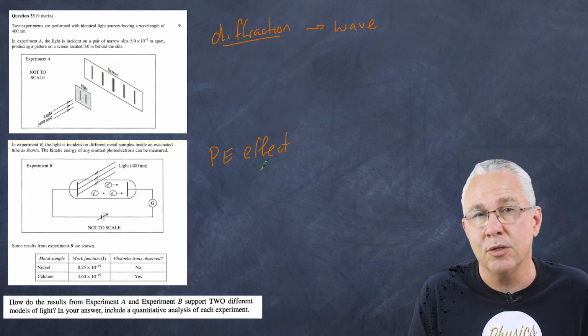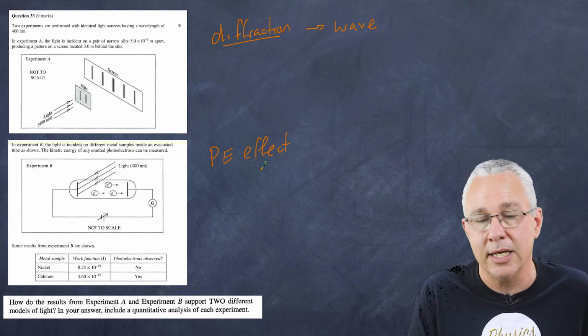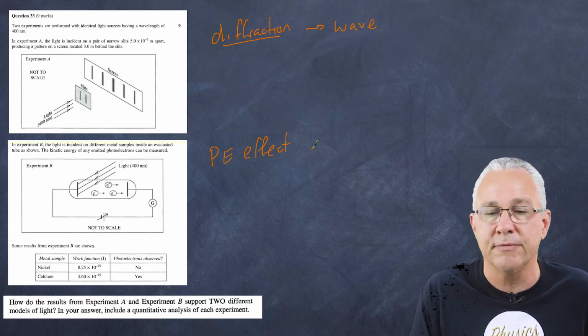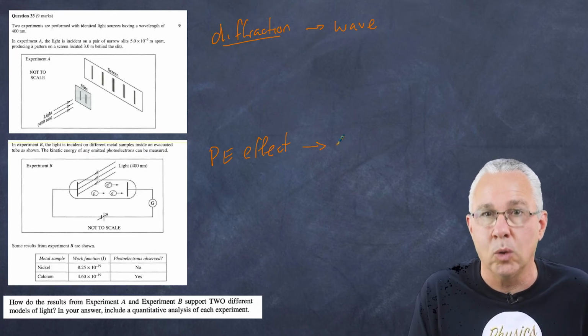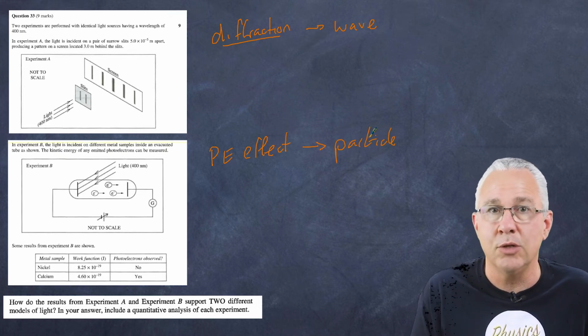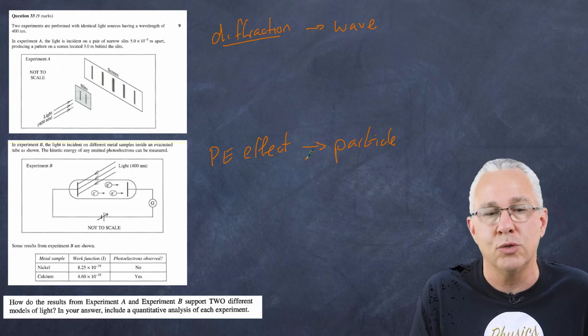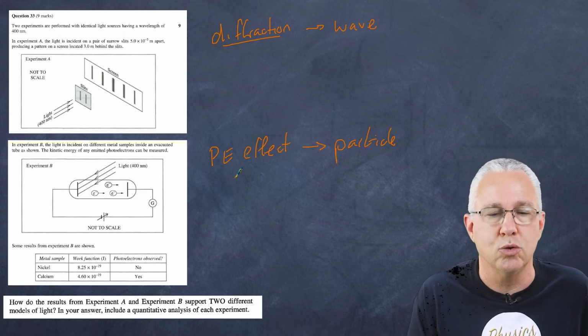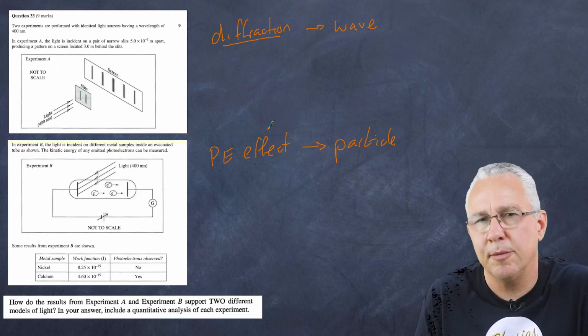But for every photon we have only one electron, and it can never be anything else. So in essence, the photoelectric effect is ultimately all about the particle nature of light. So if that's all you say, you are indicating that you understand the difference between these two experiments. So we need to go a bit further.